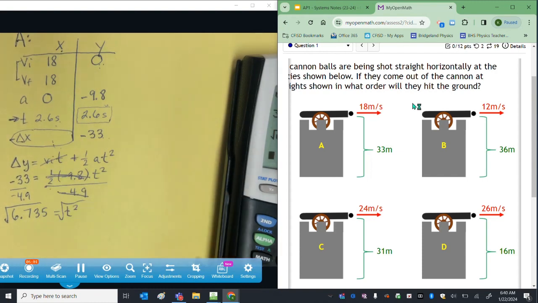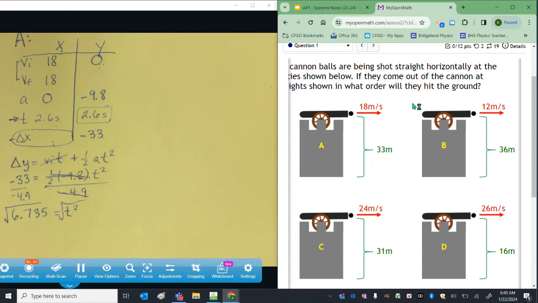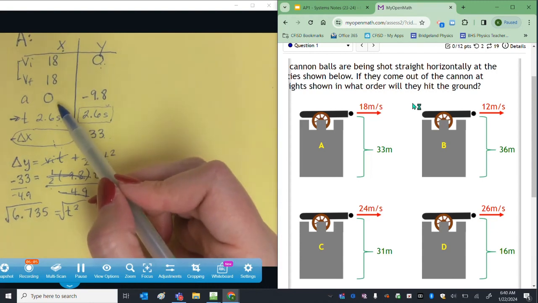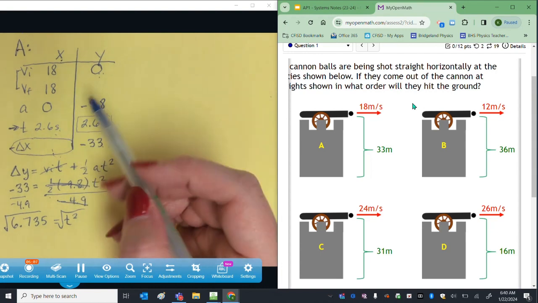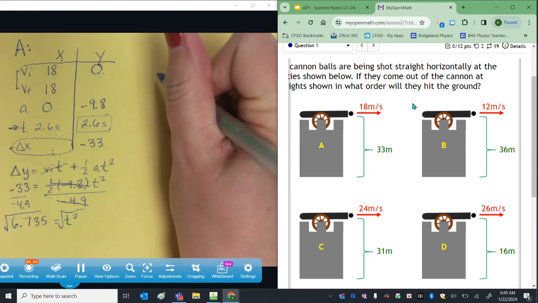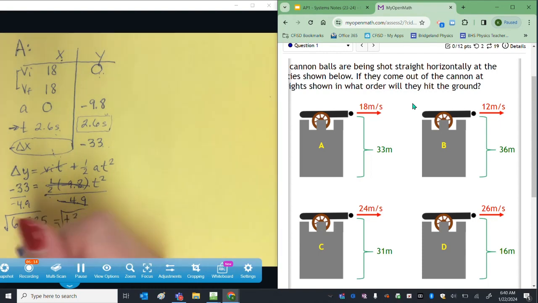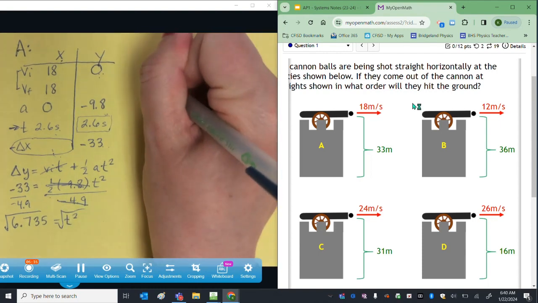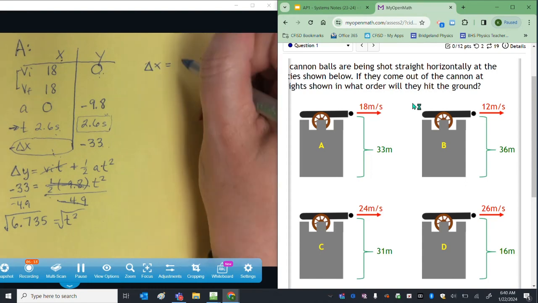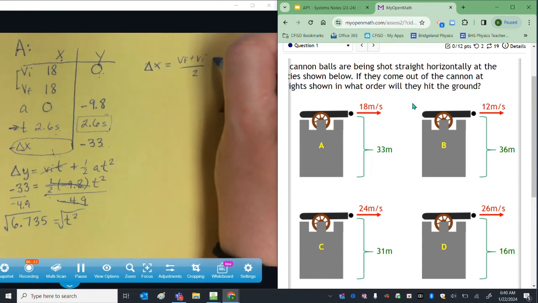Now in the x direction, because my acceleration is 0, I'm going to use my constant velocity equation, which kind of looks like the last kinematic equation that we have up on the board. It looks like this one, delta x equals (VF plus VI) divided by 2 times t.